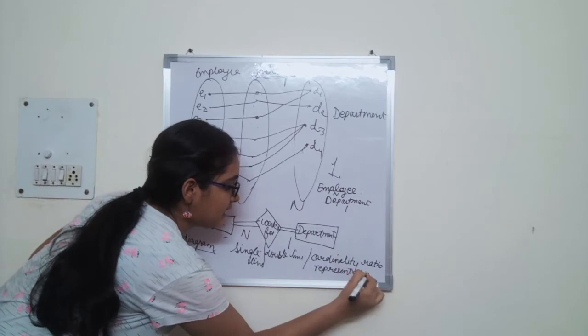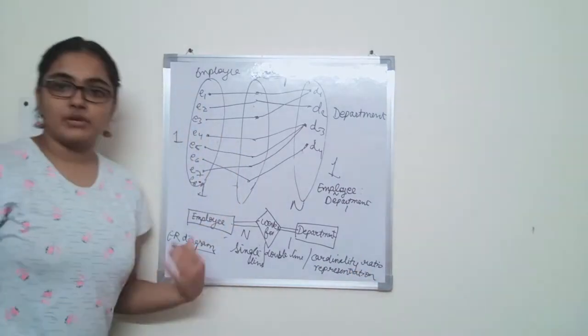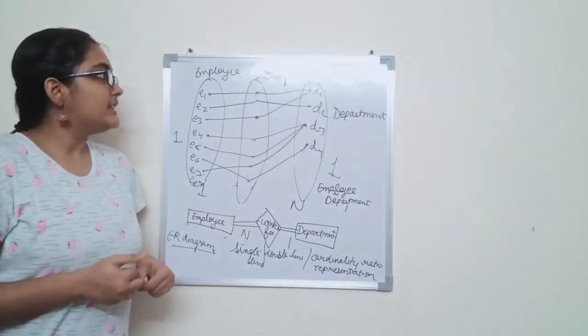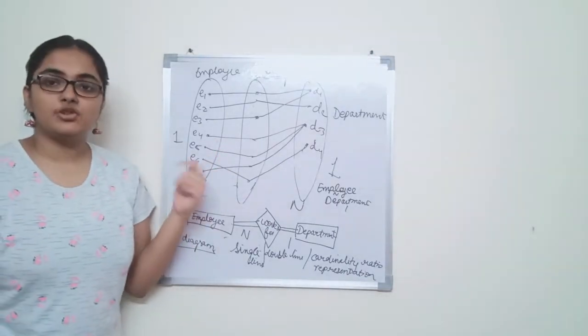There is one other representation using which we can represent the ER diagram, which we'll look at later. Now this is an example of an n:1 relationship.